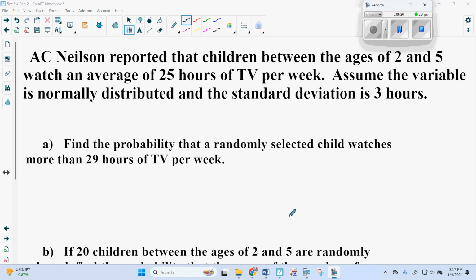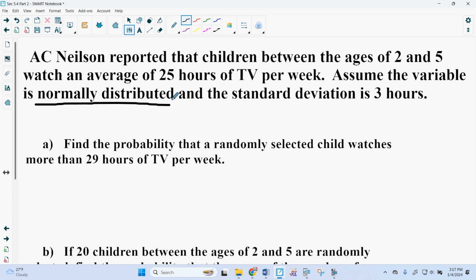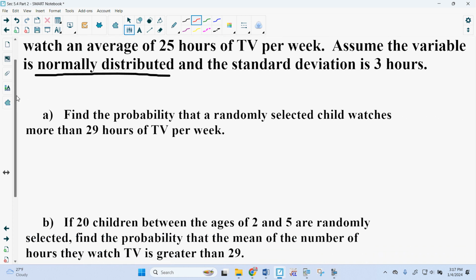Let's look at an example. A.C. Nielsen reports that children between the ages of 2 and 5 watch on average 25 hours of TV per week. Assume the variable is normally distributed and the standard deviation is 3 hours. Since it is normally distributed, our sample size does not matter. So we can have any sample size. A, find the probability that a randomly selected child watches more than 29 hours a week. So first we have to decide what our variable is.